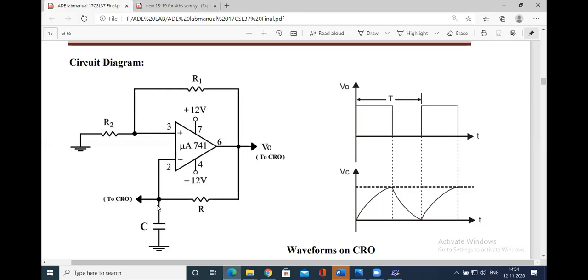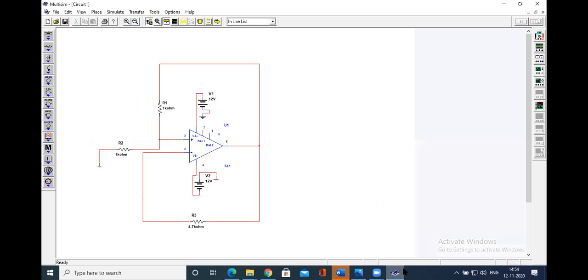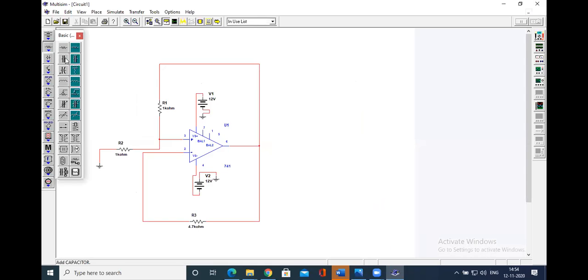Now you take a capacitor. Another part has to be grounded, right? From pin number 2, you have to connect it and ground it. So click here, you have a virtual capacitor.